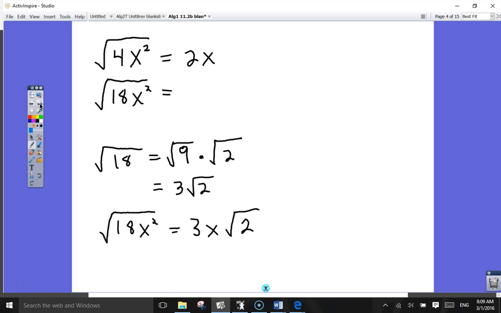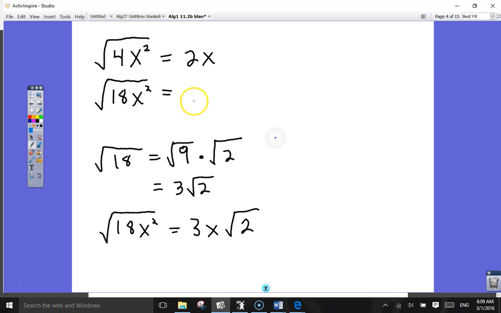Okay, now look at the next one. The square root of 18x squared. Clearly, we can simplify the square root of x squared, but what about the square root of 18? Remember, this is like the homework we just finished doing. 18 is not a perfect square, but does it have any factors that are perfect squares? Yes. What? 9. So you need to simplify the square root of 18 part.